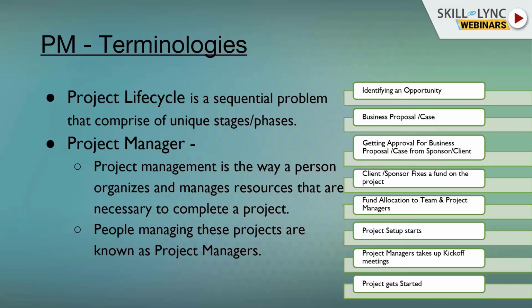For example, I just spoke about our example of the IT recruitment product. We identified that there is a requirement for an IT recruitment product by which we could find the talent which is much required in our organization. So we identified the opportunity, and then we proposed a business proposal or business case.